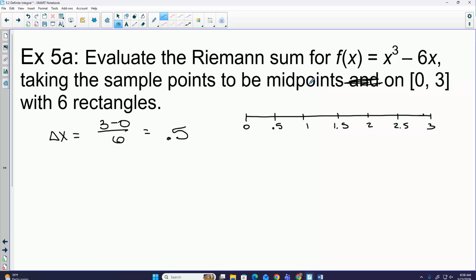If I want to estimate this area, we know the area of a rectangle is length times width. All these rectangles have a width of 0.5. And we're adding up 6 of them.